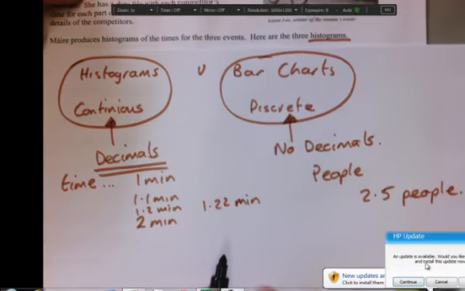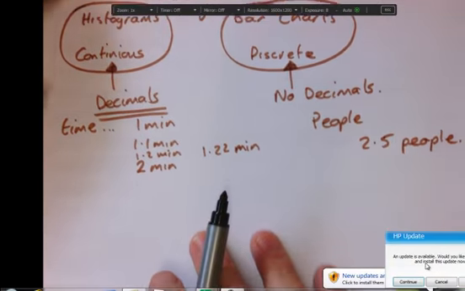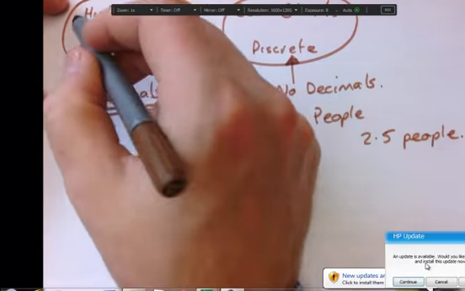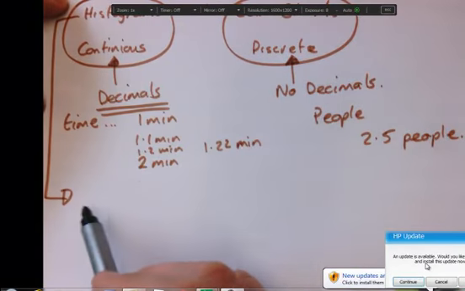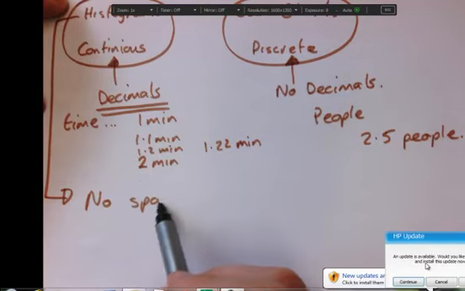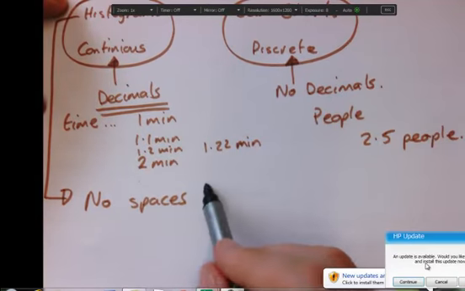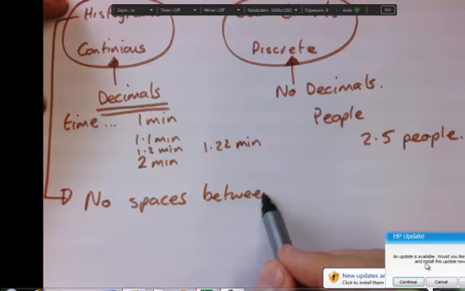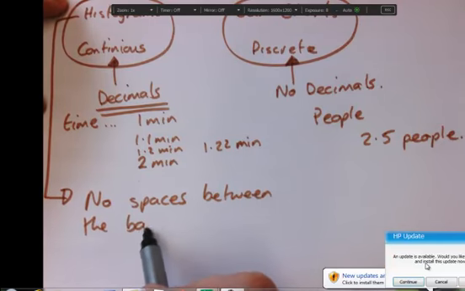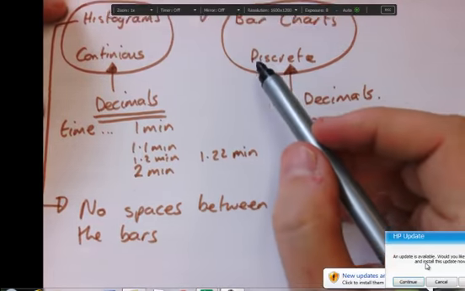So histograms, when they're drawn, they've no spaces between the bars. But bar charts do have spaces.